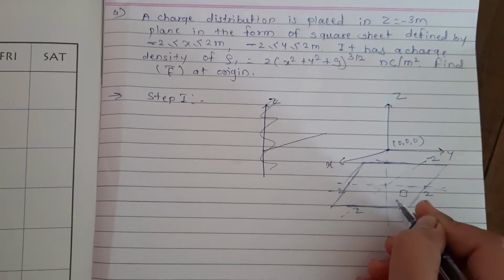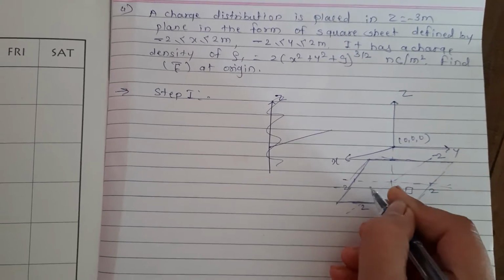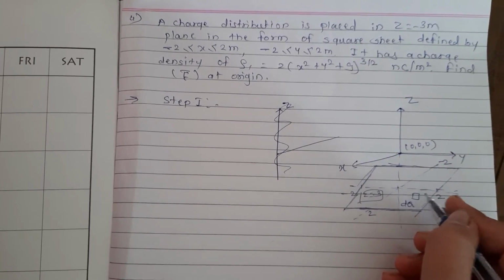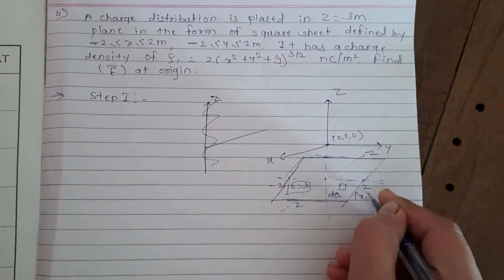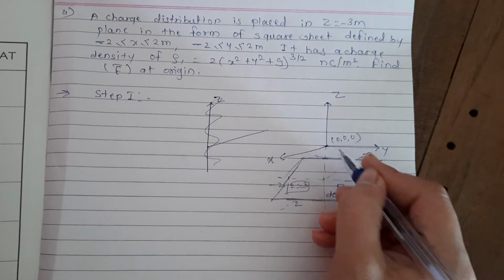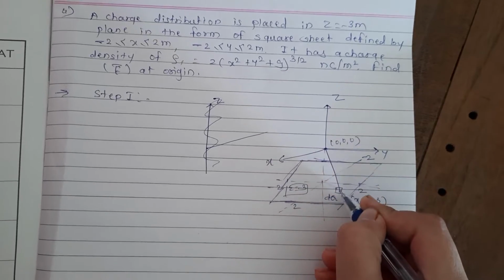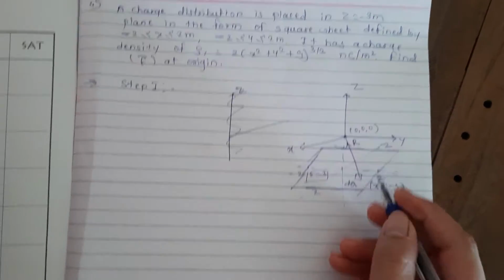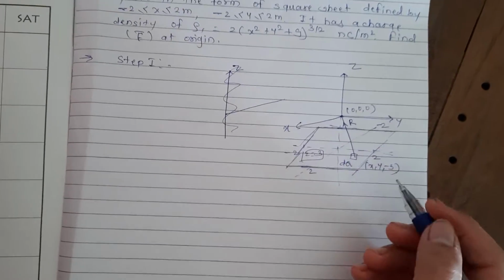This is a small charge dq. This plane is z = -3, and it is the point x, y, -3. Now here is the vector which is drawn from the small charge to the origin.